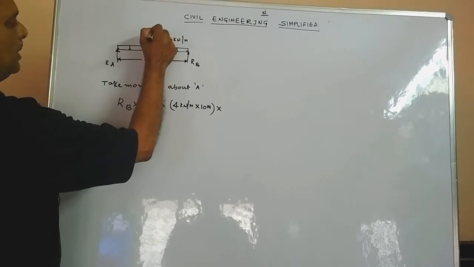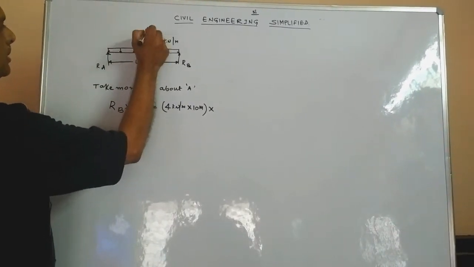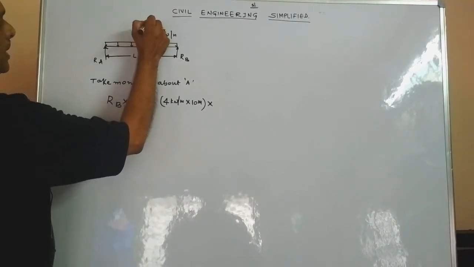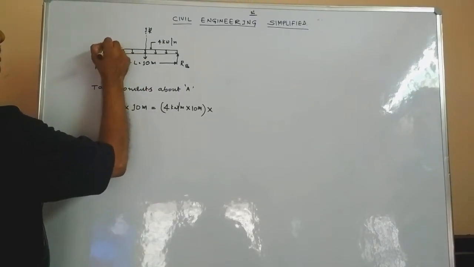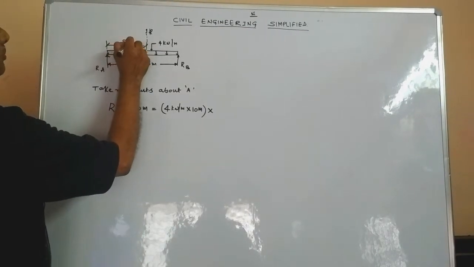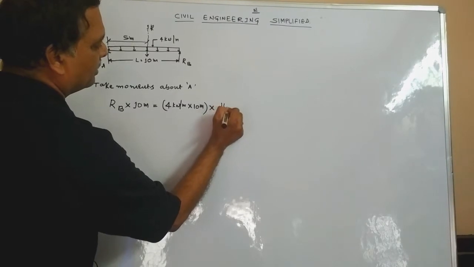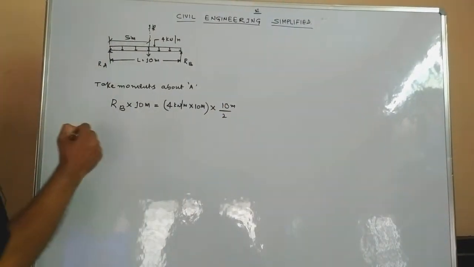The line of action of the UDL resultant passes through half the span of the beam, which is 5 meters in this case. So what I will do is half of 10. So this acts at a distance of 5 meters.